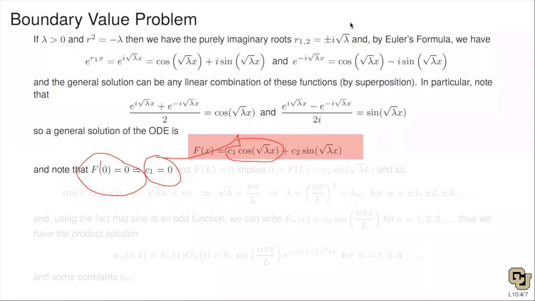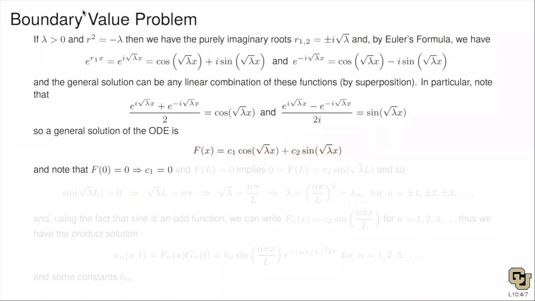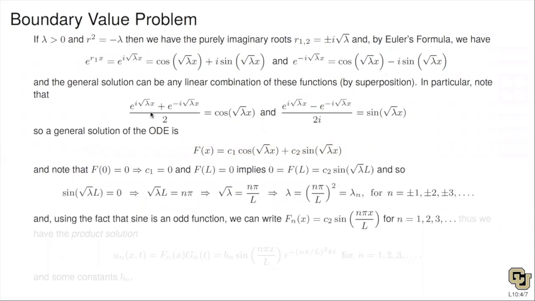I just want you to be aware of where the variation can happen in other problems, just to connect it up as we're working through this. So here we see that this trivial boundary condition on the left end of the rod for the eigenvalue problem ends up getting rid of the cosine basis function as part of our general solution.